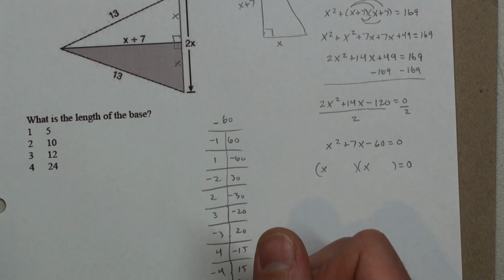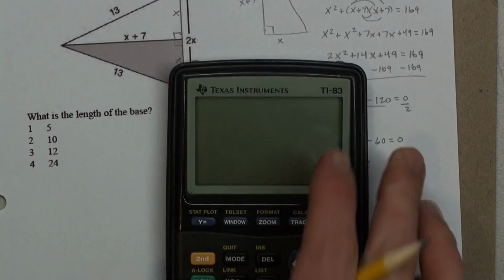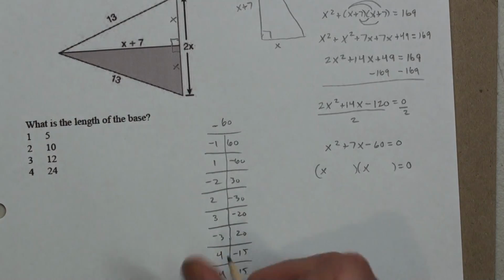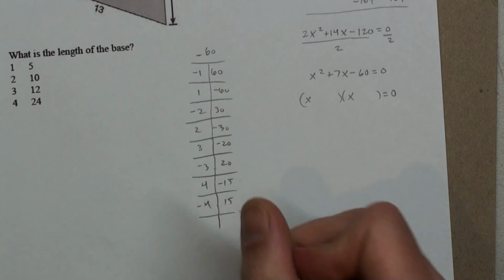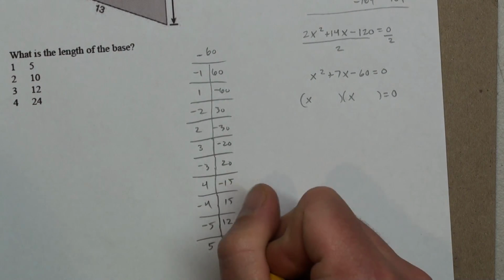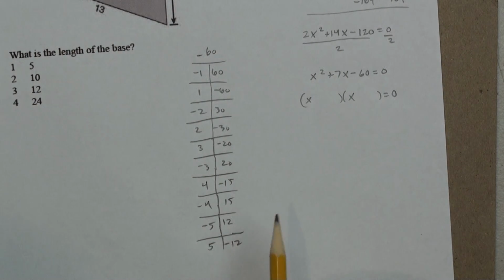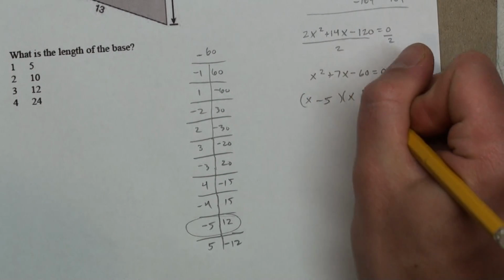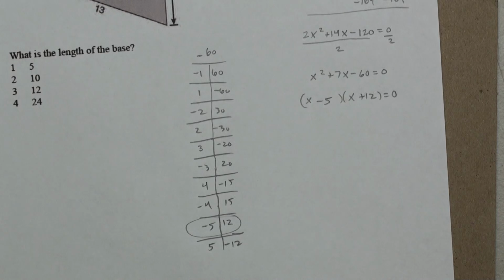Let's see, 5. That's going to be it. 60 divided by 5 is 12. So we would have negative 5 and 12, 5 and negative 12. So which one adds up to positive 7? This one. So it's x minus 5, x plus 12. See how that works?